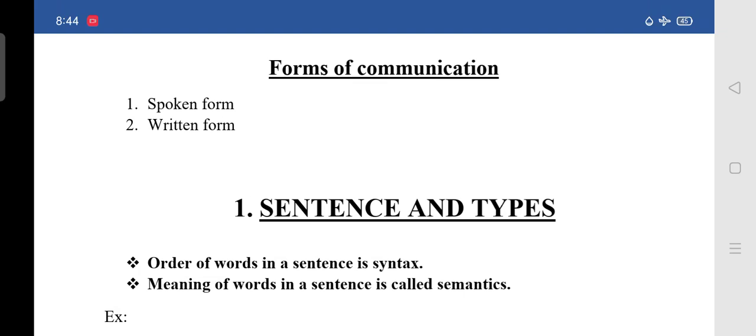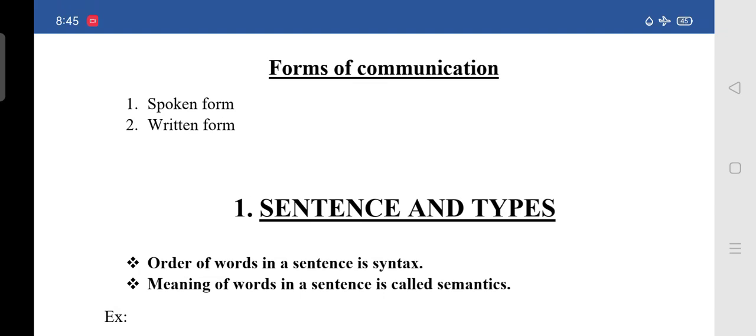Written form means it may be a letter, or any word or any sentence or any text or passage. To give you a simple example, when you type a message and send it on your mobile, it comes under written form.